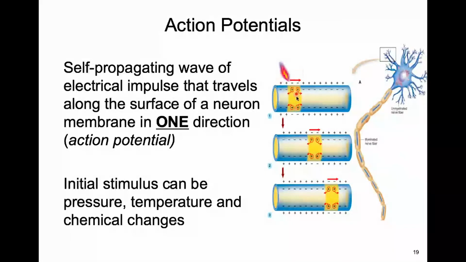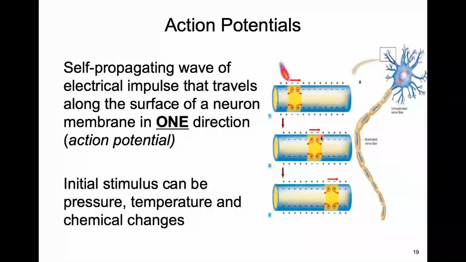Every time you have that depolarization event, it causes an increase in positivity to that region. So if you have an unmyelinated neuron where you have just channels next to channels next to channels, the depolarization in this region, which makes it more positive, is going to cause this region to become more positive.